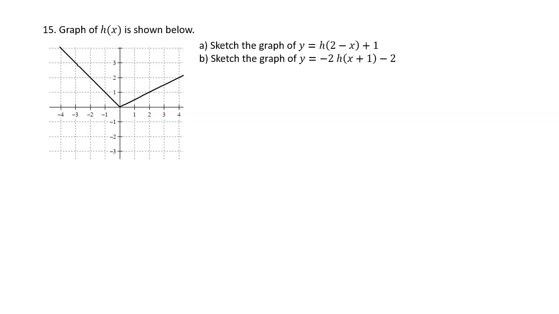Now, there is actually a shortcut, you might say, which is to see where this point goes. Okay, so see, h of 0 is 0. That's what we see from here, right?